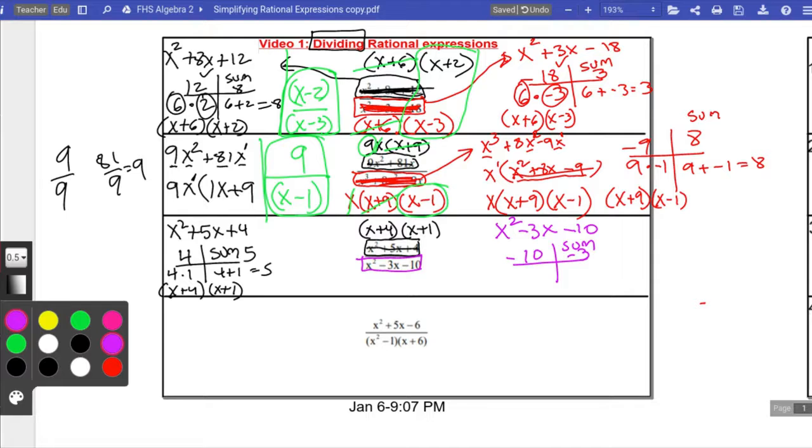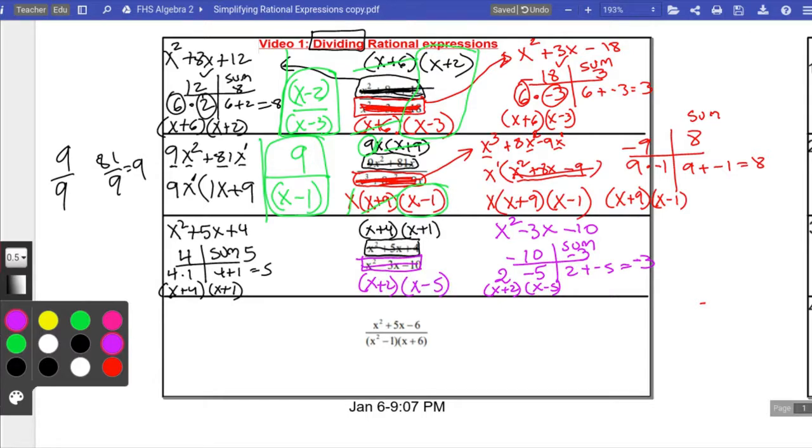Hey, how about 2 and negative 5? Yes, absolutely. Because if you add those, you get negative 3. So x plus 2, x minus 5. Let's write that right here.